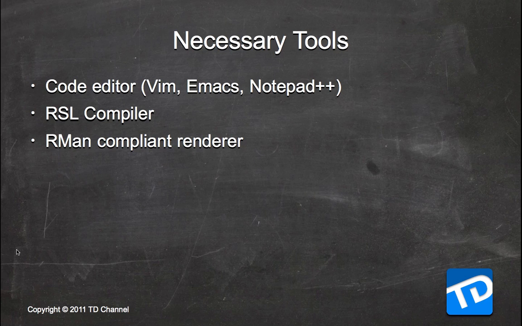That is a full working code editor, not just a text editor. If you try to develop in Notepad or WordPad or something like that, it's going to get really ugly really soon, and it's not going to be enjoyable. Then you're going to need a RenderMan shading language compiler, which usually ships with every RenderMan compliant renderer, which is the third thing you're going to need, a RenderMan compliant renderer.